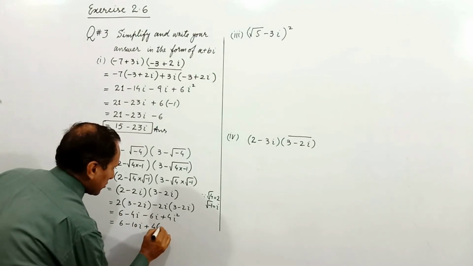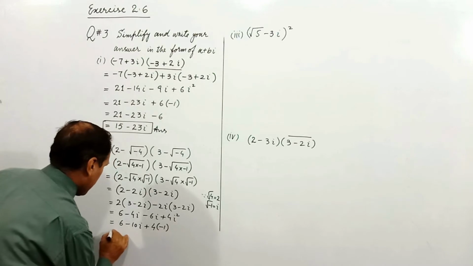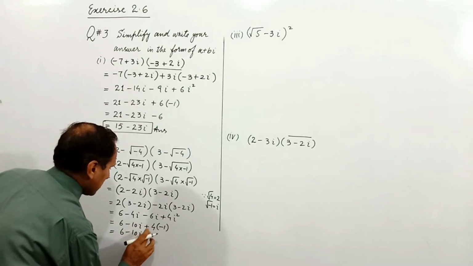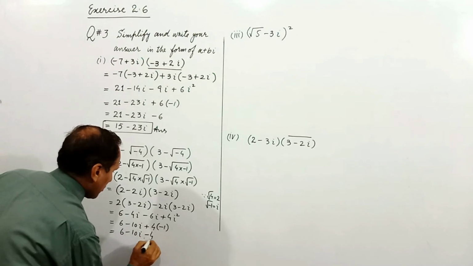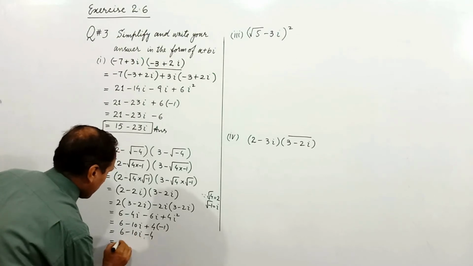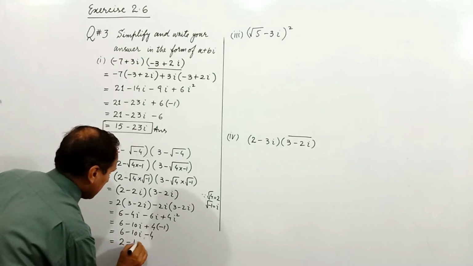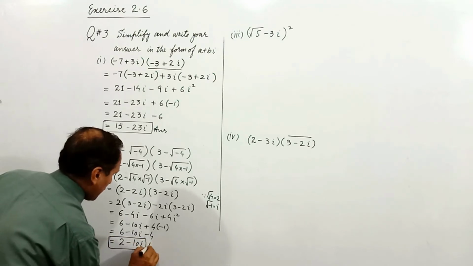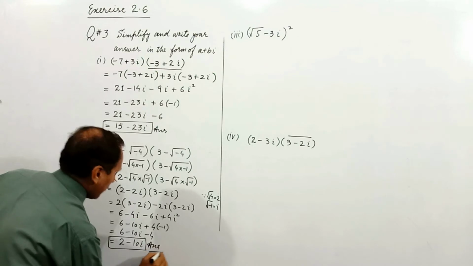Put the value of iota square, that is minus 1. We get 6 minus 10 iota plus minus minus 4. 6 minus 4 becomes 2 minus 10 iota. That is the simplified form of this question in standard form.